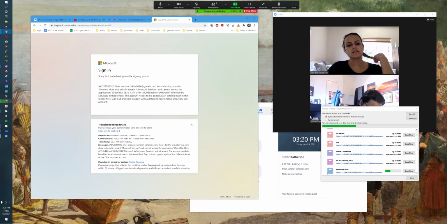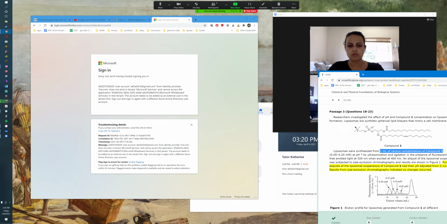What does it mean that they elute at 20 mLs? So you're using 1 ml for all of them, right? And this is the size exclusion chromatography thing, and this is the amount that is eluted, 20 ml.